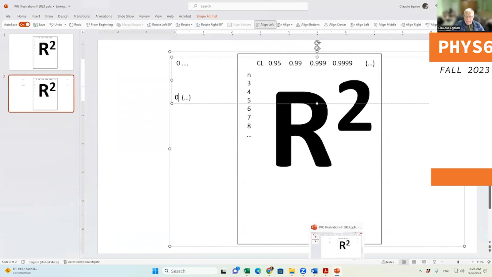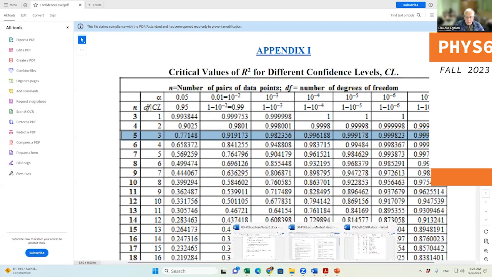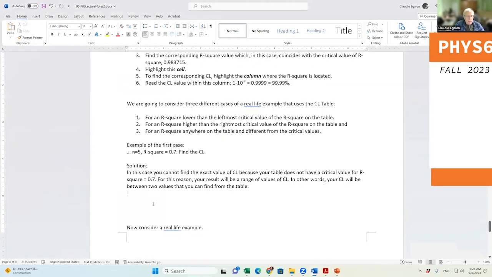And now we are ready to solve this problem. We know that 0.7 lies to the left. Write it down. Note that 0.7 falls between, notice the R square equal to 0.7.